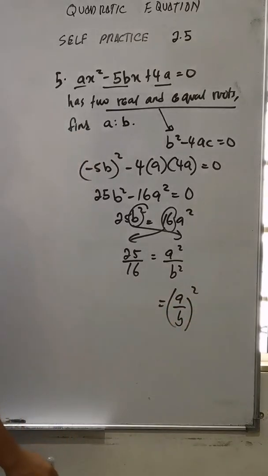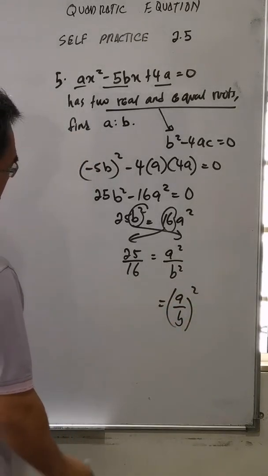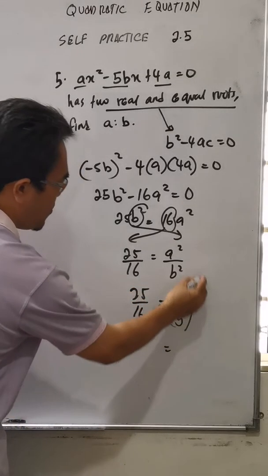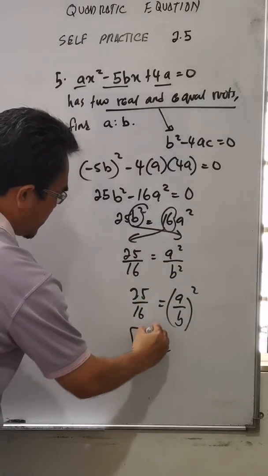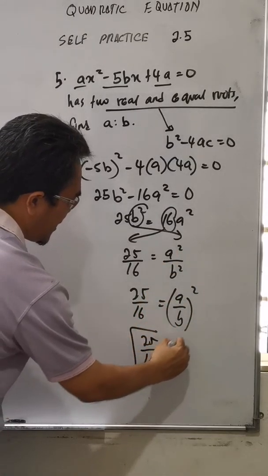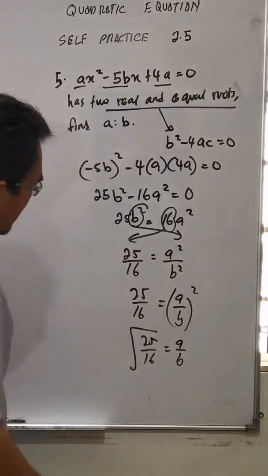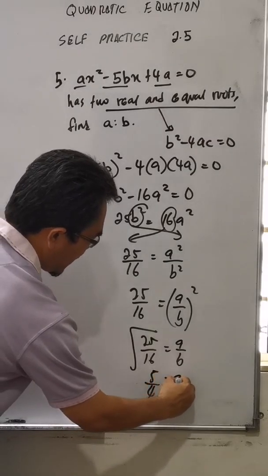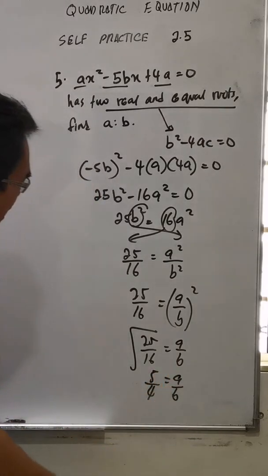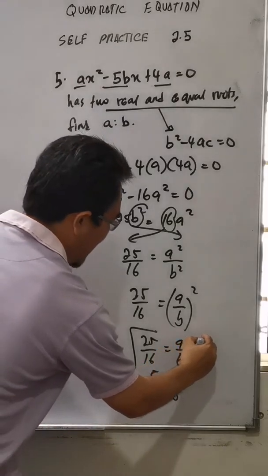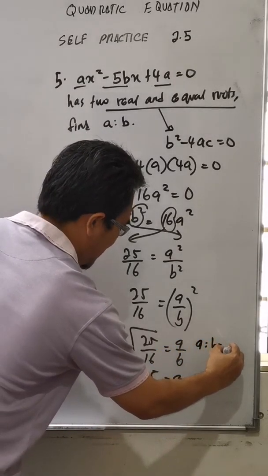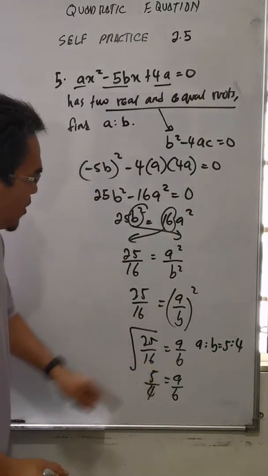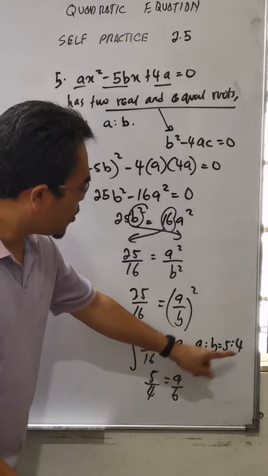Still here is 25 over 16, but then you can move the square, so it becomes the square root of 25 over 16 is a over b. The square root of 25 over 16 will be 5 over 4. So a over b is 5 over 4. Ratio a to b equals 5 to 4.